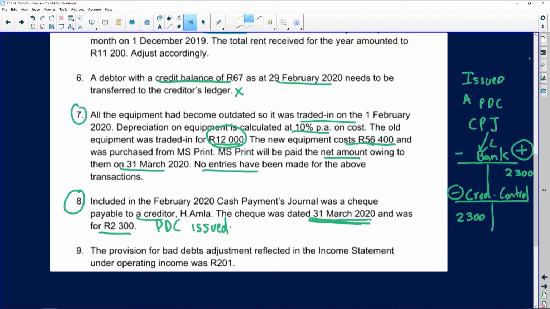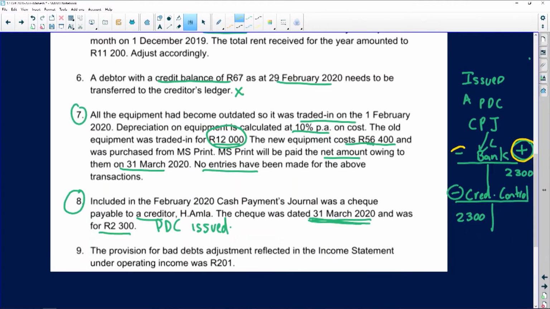Now that we've got the original entry, let's start off with bank. My bank overdraft, although it increased by 2,300 Rand, remember that payment was not made. So in my balance sheet, I am now going to decrease my bank overdraft by 2,300. That money never really left our account, or rather, we didn't really use the overdraft for this payment as yet.